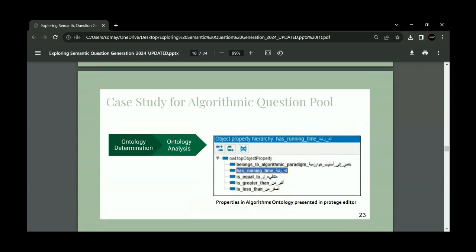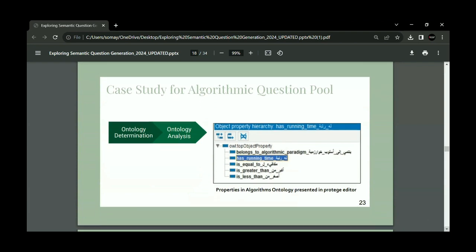In step 2, we do the ontology analysis, and here we have the analysis of the properties of the algorithm ontology, presented in the Protege editor. We have the properties belongs to algorithmic paradigm, has a running time, is equal to, is greater than, is less than.